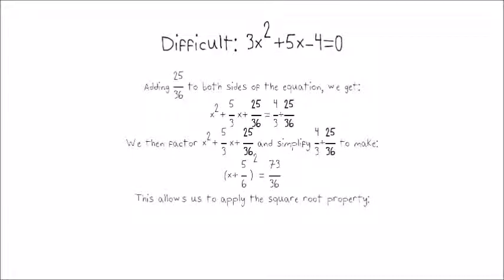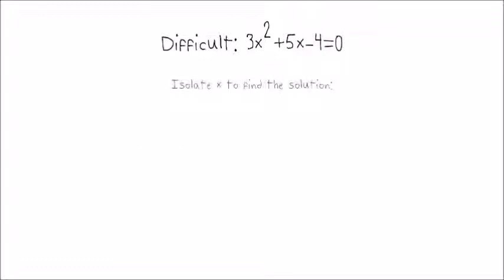This allows us to apply the square root property. So, x plus 5 over 6 all raised to the second power, get the square root of that, equals the square root of 73 over 36, which will give x plus 5 over 6 equals positive negative square root of 73 all over 6. Isolate x to find the solution.